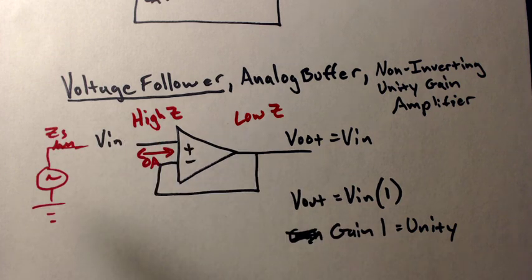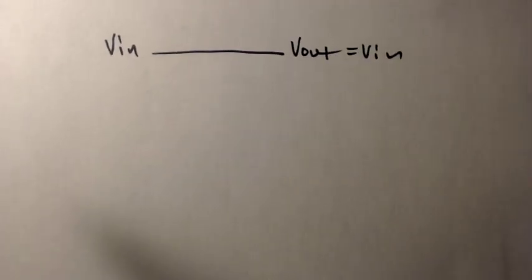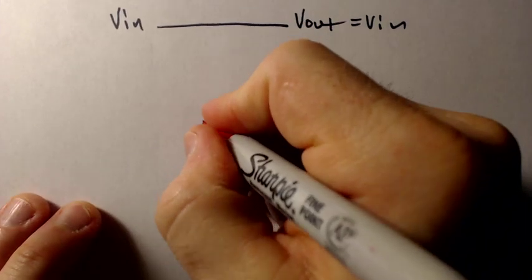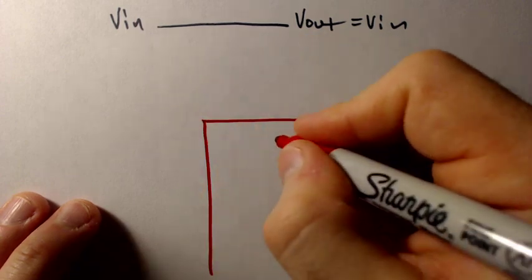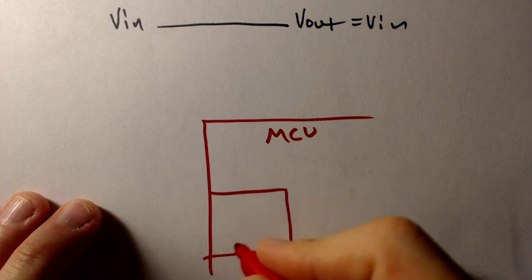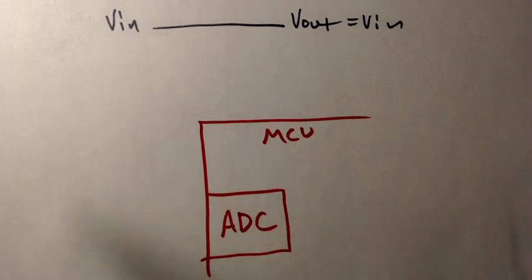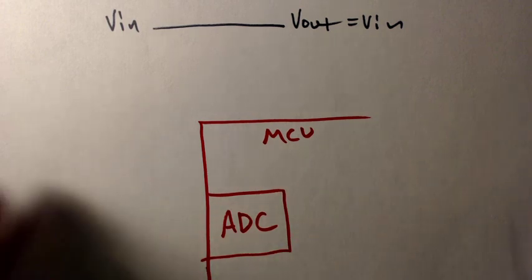So if I need to hook something up to a microcontroller, let's say I have a microcontroller here, and let's say I have an ADC. Now, that means I can take input from an analog pin.